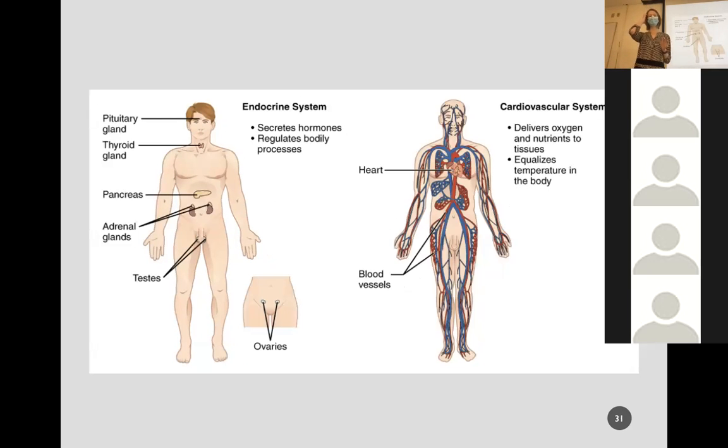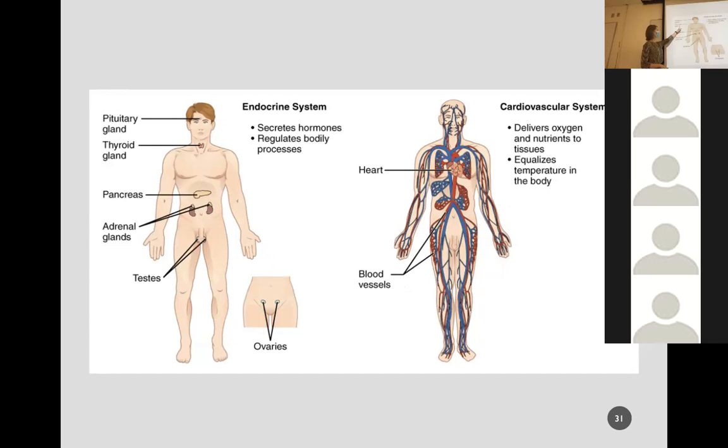The endocrine system is one that often gets forgotten about. It's easy to remember the respiratory system, the cardiovascular, we think of those. Endocrine really deals with hormone secretion. So it's sort of an unseen organ system. It's secreting hormones that help regulate our bodily processes. So it helps regulate our metabolism. That's a huge one.